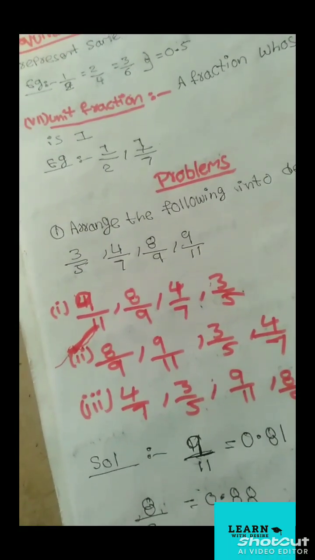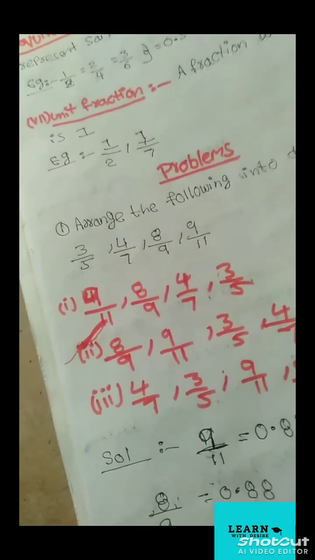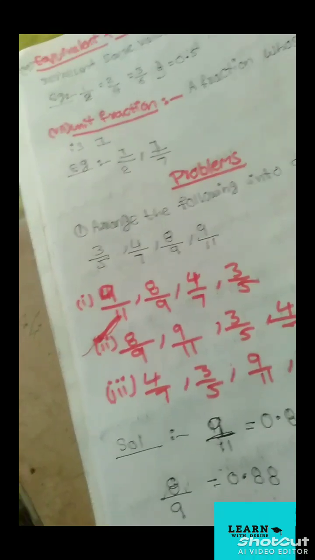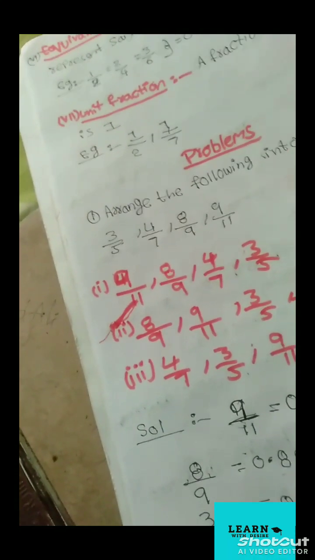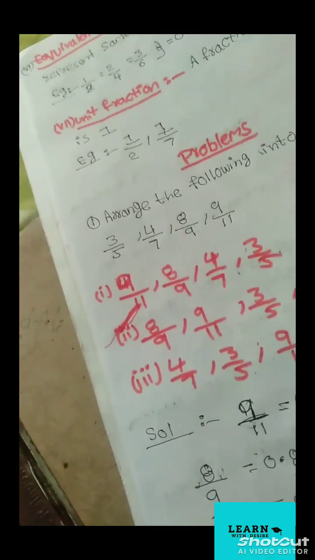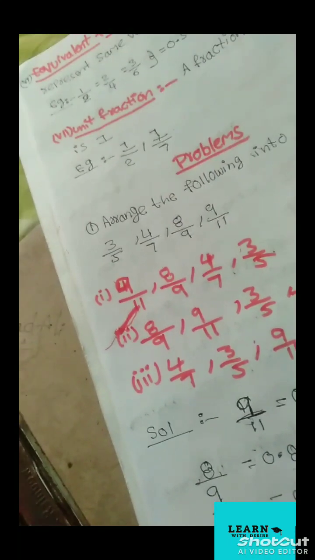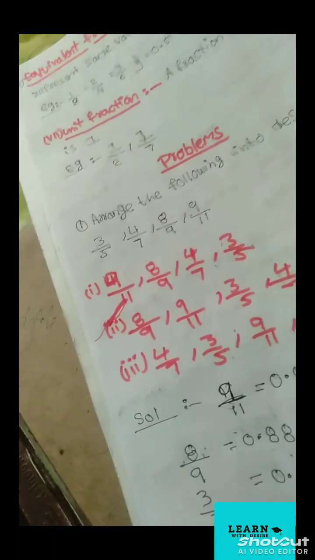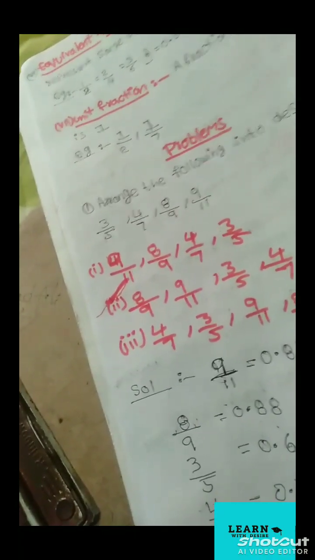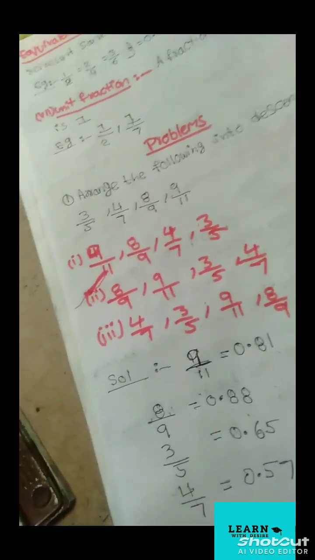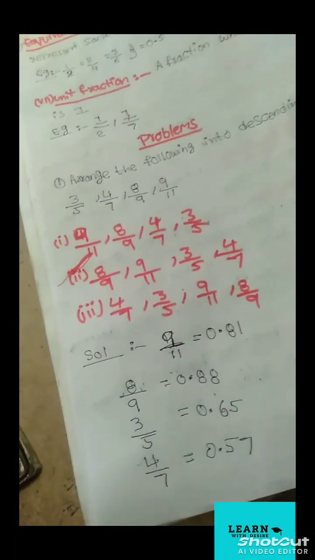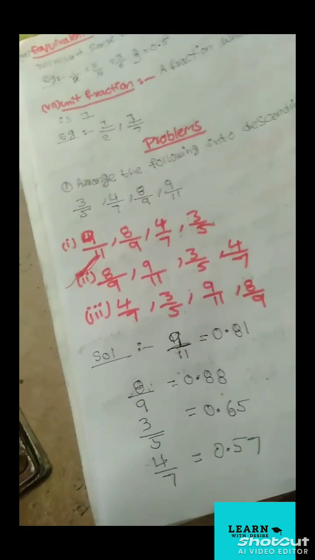Generally people think the first option is correct. Why? Because 9 by 11 is greater than all the fractions, then 8 by 9, then 4 by 7 and 3 by 5. Like this people think, but it is not correct. The correct answer is the second one.